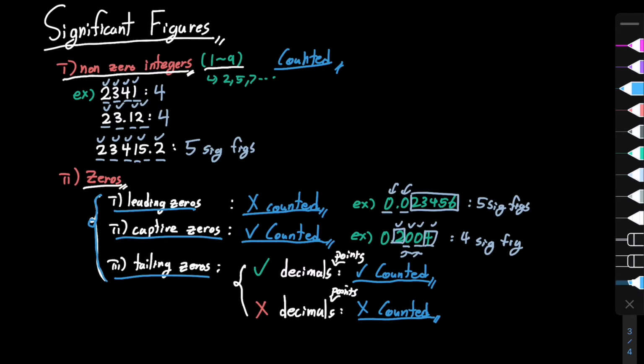Leading zeros are zeros that are in front. Trailing zeros are zeros that are behind, and captive zeros are zeros that are in between integer digits. Now, leading zeros are never counted as significant figures, and captive zeros are always counted as significant figures, and trailing zeros are counted if there are decimal points, and they aren't counted if there are no decimal points.